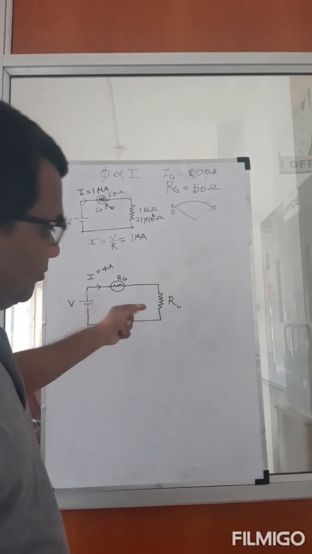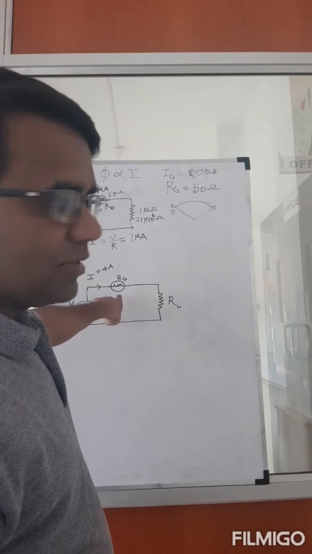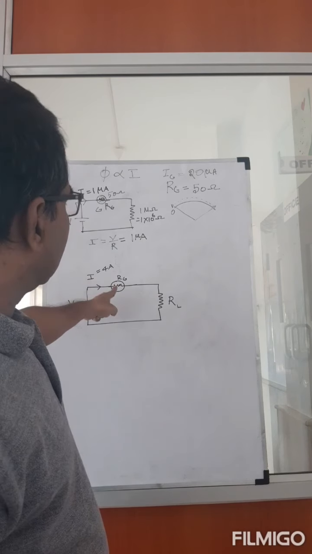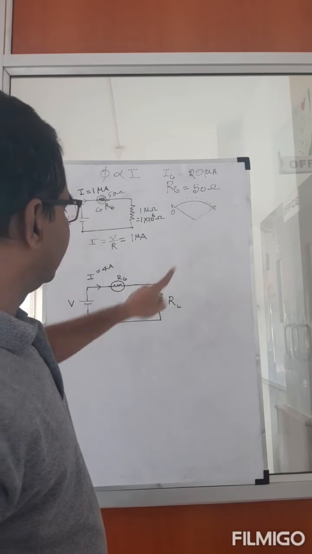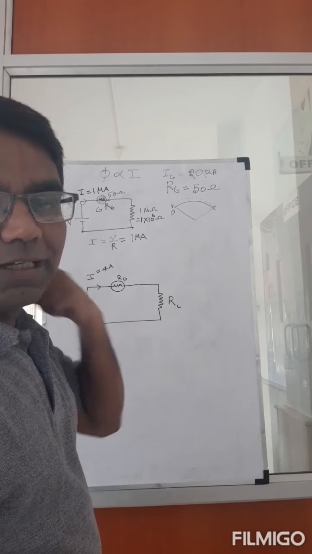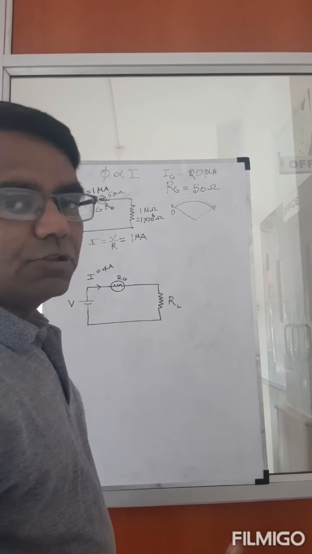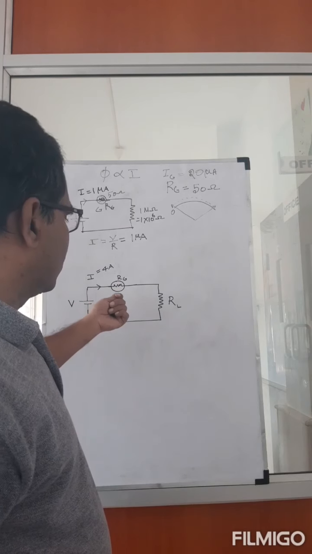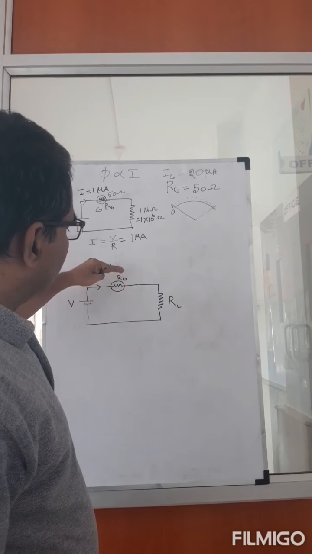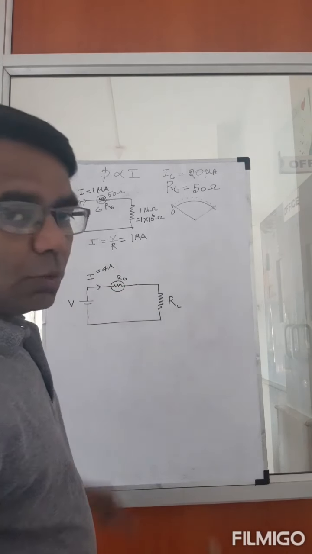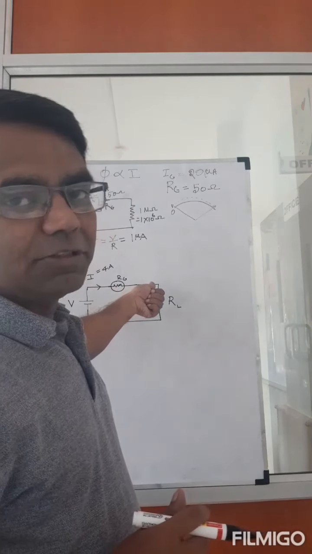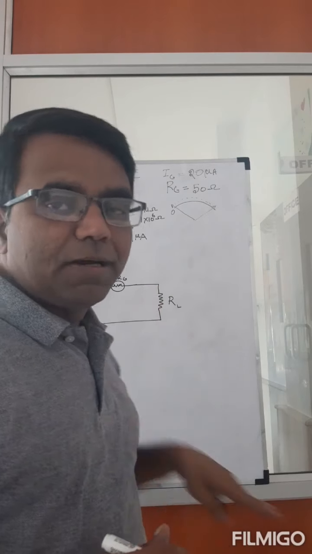Clearly, I cannot connect the galvanometer Rg here. If I connect the galvanometer here, then I will be in trouble, because it can allow only 20 microamperes, but now this circuit will have say 4 amperes flowing through it. So what should I do? I should somehow allow a maximum of only 20 microamperes to flow through the galvanometer, and the rest I need to bypass.